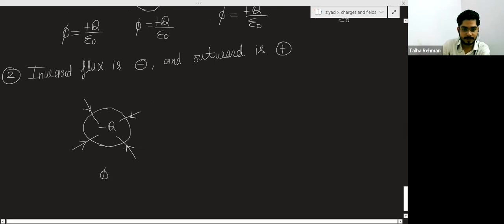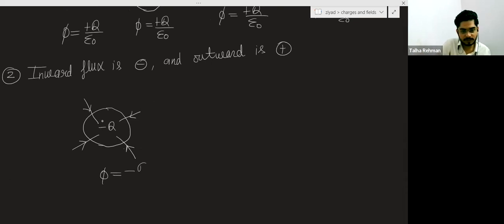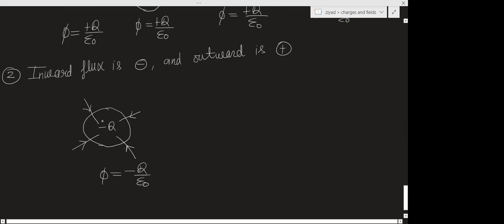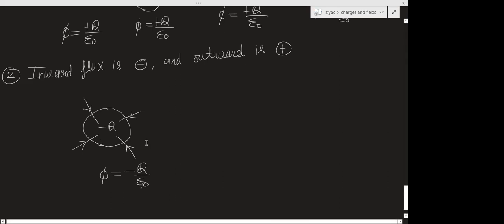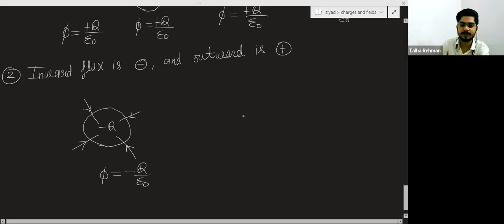So from the Gauss law you will write the total charge contained inside. What is the total charge? Minus q, divided by epsilon naught. So this flux is automatically negative, and we already know that the electric field line terminates at the negative charge. So here the electric field line is going towards this negative charge.